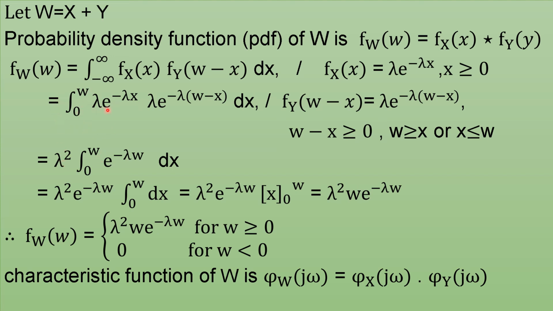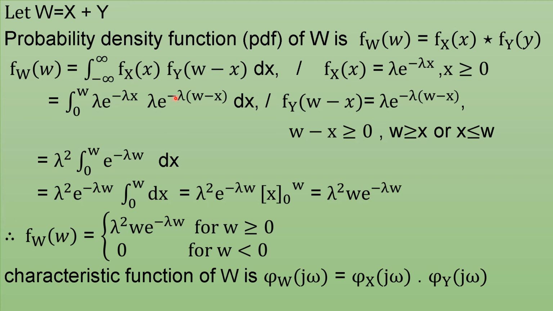Integral 0 to w, here you can split this and write e power minus lambda w into e power minus lambda x into minus x, which is e power plus lambda x. That e power plus lambda x into e power minus lambda x will be e power minus lambda x plus lambda x, e power 0, which is 1.